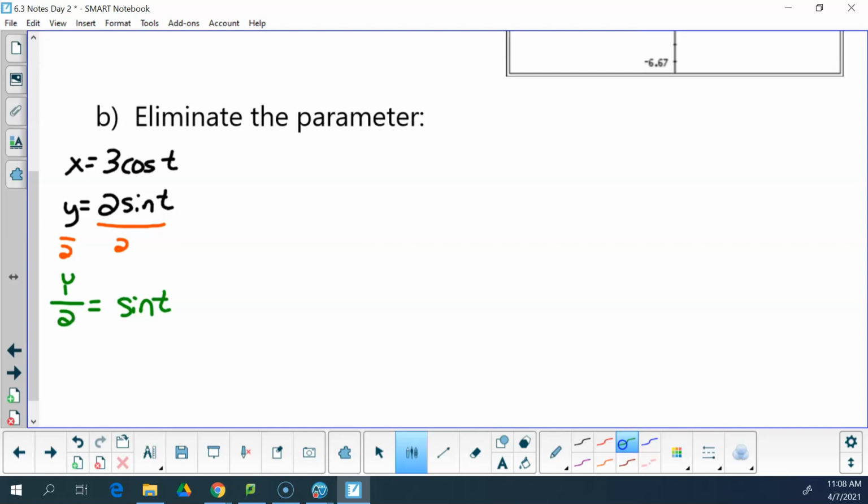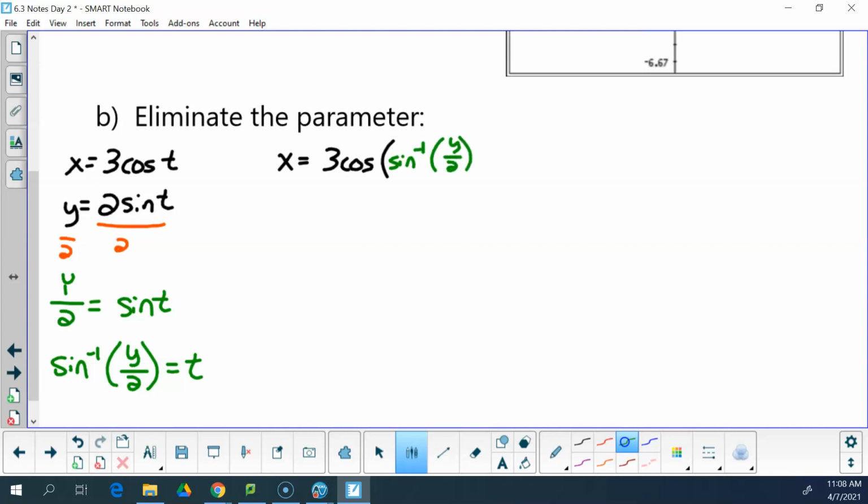Still got t inside of a sine, so I'm going to need to inverse sine that to get t. Now what do we do? Put that back in for t in the other one, right? So that's going to be x equals 3 cosine of the inverse sine of y over 2.